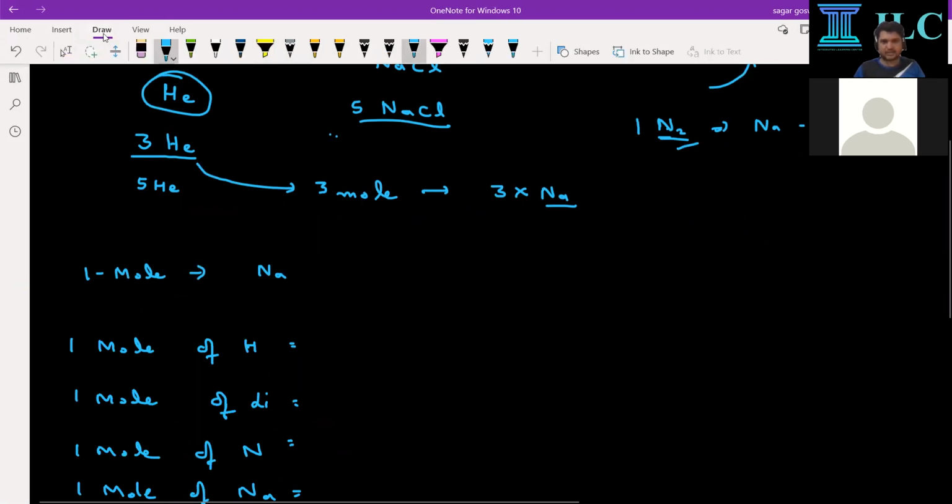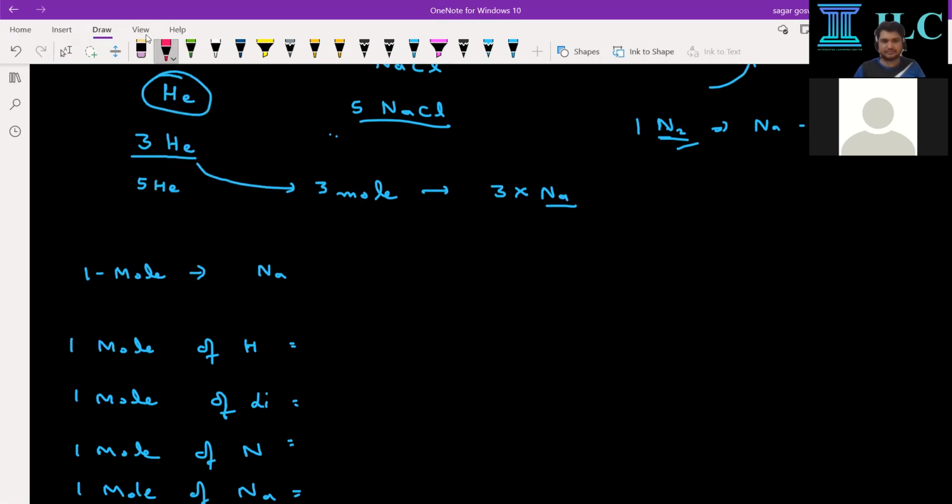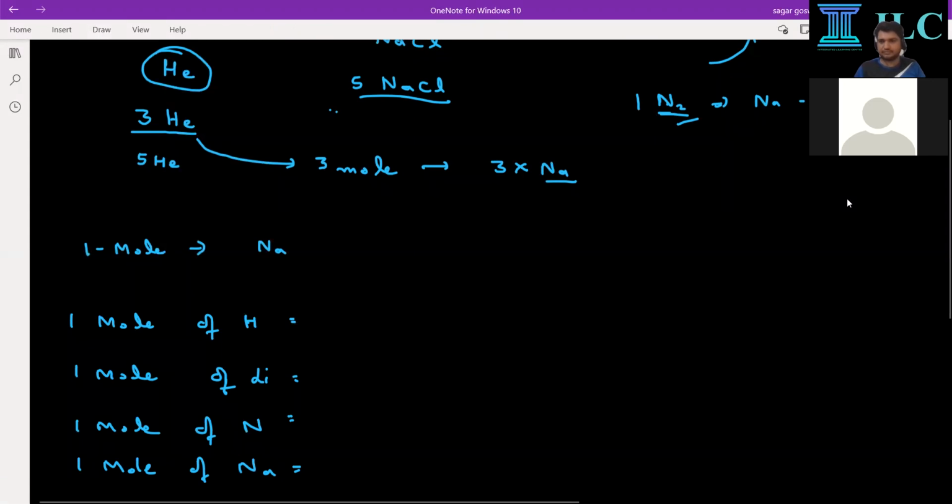So if I ask you, can you tell me the mass of hydrogen? Like 1 mole of hydrogen, how much mass does it have? Hydrogen has only one, so 1 mole of hydrogen means 1 gram only. Okay. Lithium.